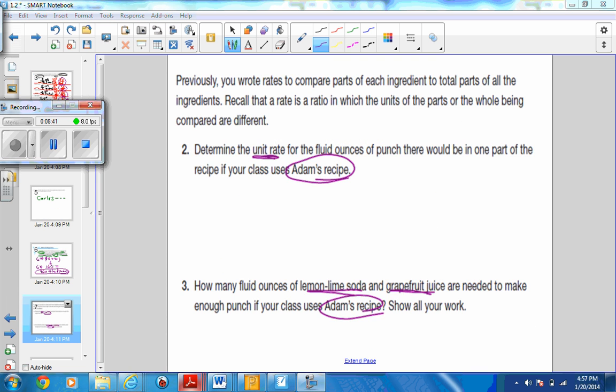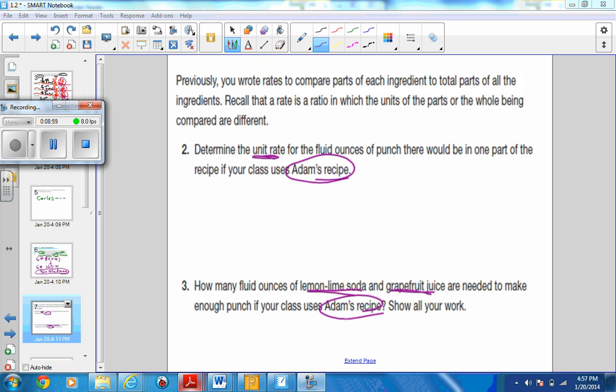Okay, so in question 2, let's read the beginning here. It says, previously, you wrote rates to compare parts of each ingredient to total parts of all the ingredients. Recall that a rate is a ratio in which the units of the parts or the whole being compared are different. Okay, so look at number 2. We're going to look at Adam's recipe now.